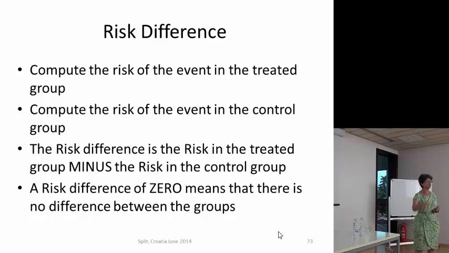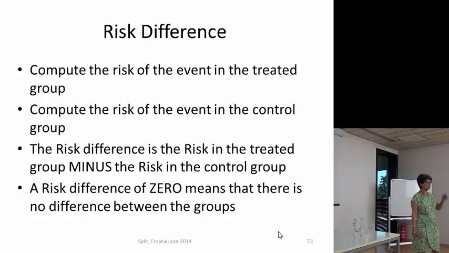Okay, so again, it's people with it divided by everyone who could have had it, and people who don't divided by everyone who could have. And the risk difference, you just subtract the risk in the treated group from the risk in the control group.